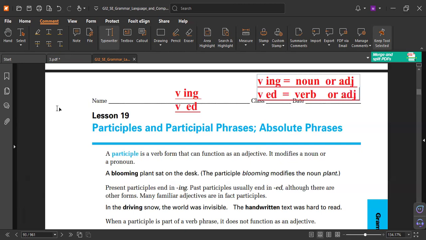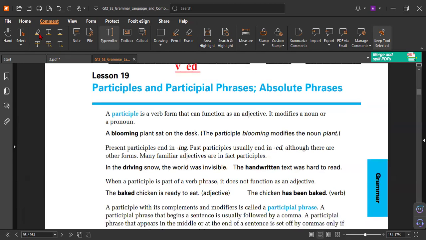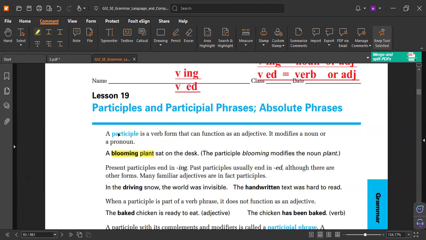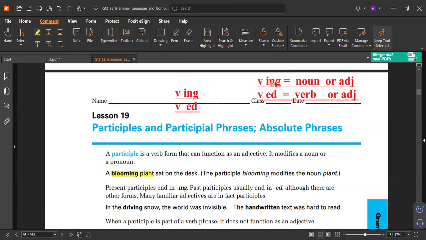Yes or no? Okay, that's right. Now let's see. Look, adjective, noun: a blooming plant. So an adjective is made from the present participle, ing. Here it's not a noun. It's an adjective to the noun plant.